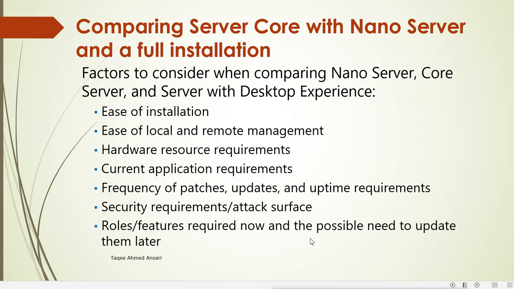Because it requires less hardware, and also it is based on the current application requirement. That means what application we want to install on that server. Based on that we can decide whether we will use Core Server, Nano Server, or Server with a graphical interface.